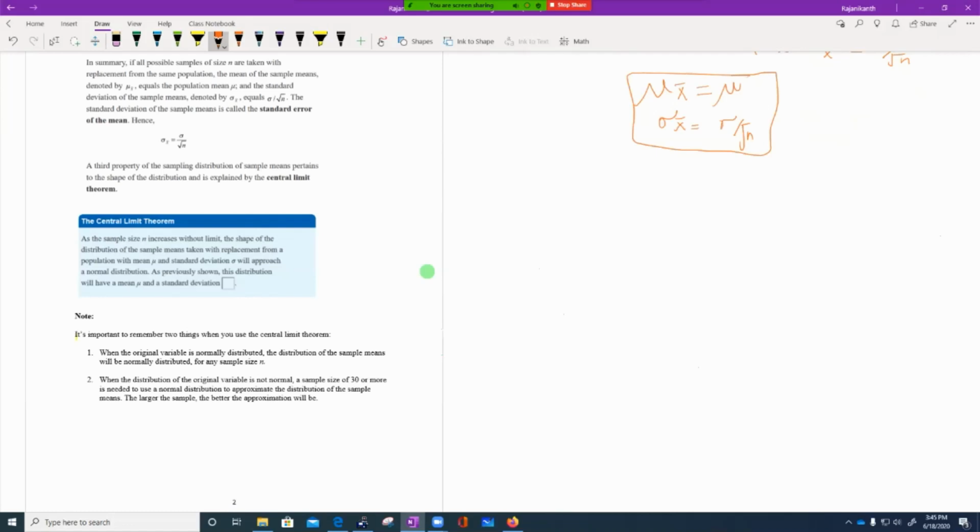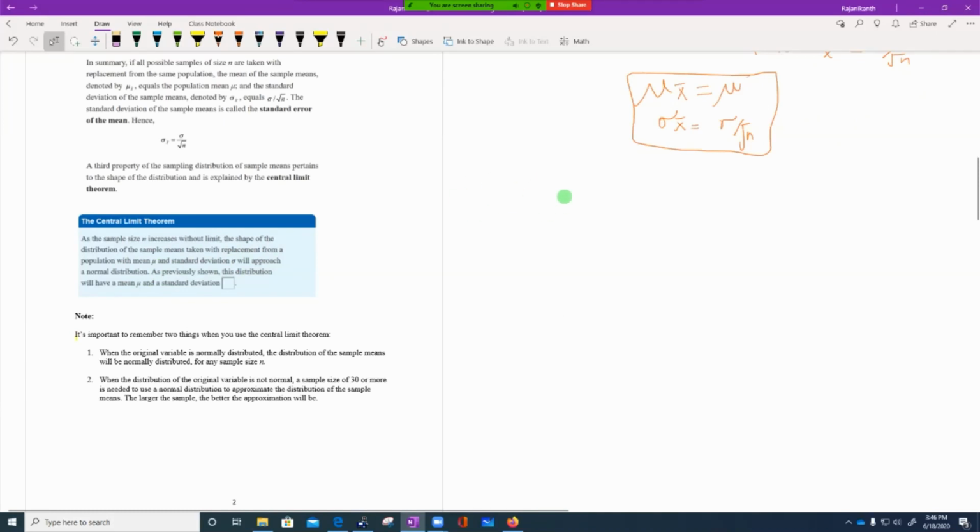which is called the central limit theorem. When you increase your sample size, little n, the shape of the distribution of the sample mean, taken with replacement from the population with mean mu and standard deviation sigma, will approach the normal distribution. What does that mean? Suppose you have a large sample size and you know the mean and the standard deviation of the population.